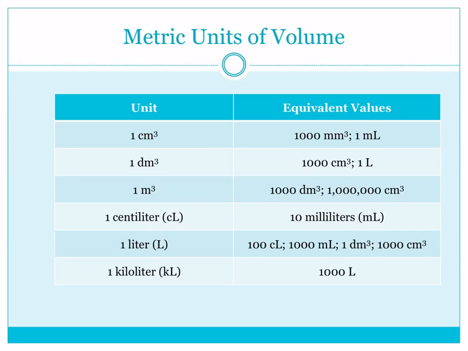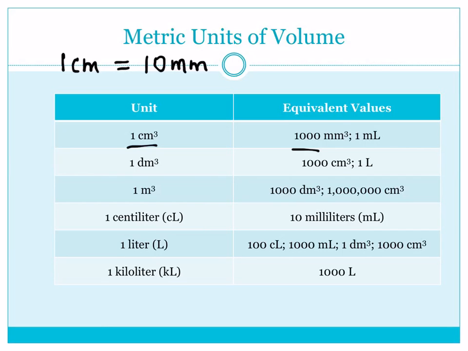So if it's volume, we're going to move it 3 times. So if we go from centimeters, 1 centimeter is equal to 10 millimeters, right? We moved the decimal 1 place. So if you're going from cubed, you move the decimal 3 places. That's where the 1,000 is coming from instead of 10. Okay, it's supposed to be moved 3 times.